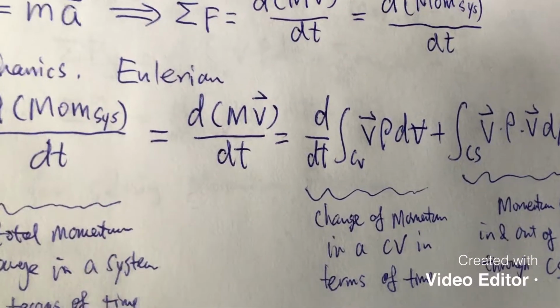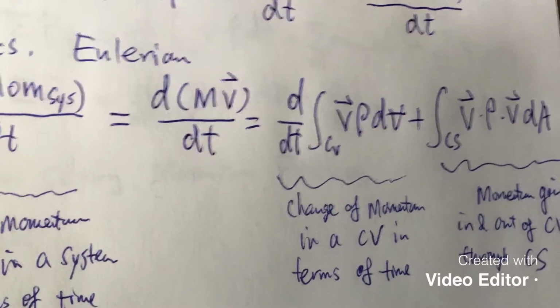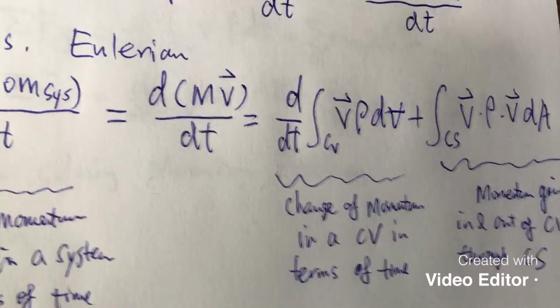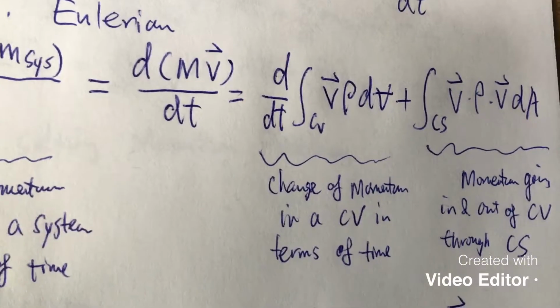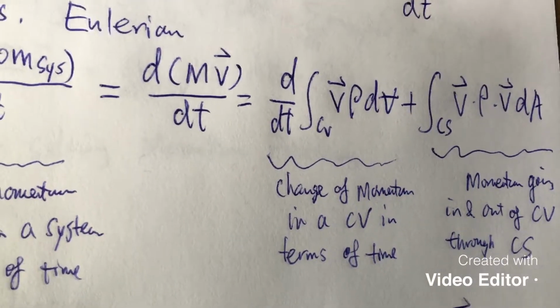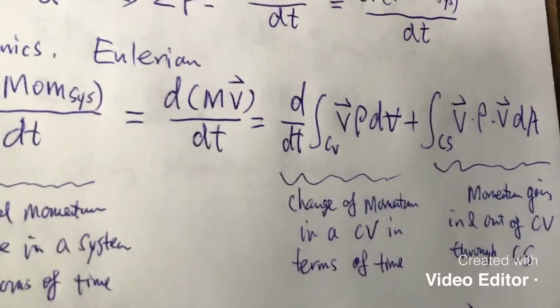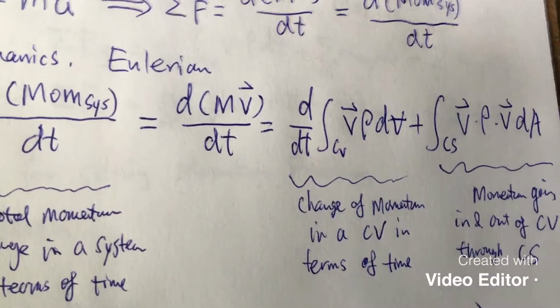That's the transient, unsteady-state term. Plus the momentum going in and out of the control volume through the control surfaces. That's the meaning of the equation.